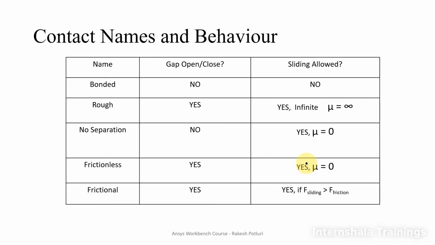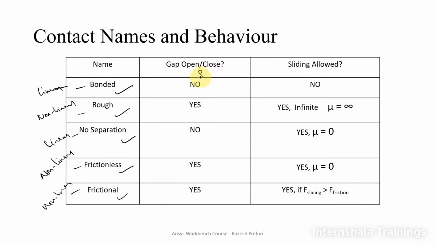Finally, to summarize the contacts and their behavior, we have bonded contact, rough contact, no separation contact, frictional contact, and frictionless contact. Here, bonded is a linear contact, rough is nonlinear, frictional is nonlinear, frictionless is nonlinear, and no separation is a linear type of contact.